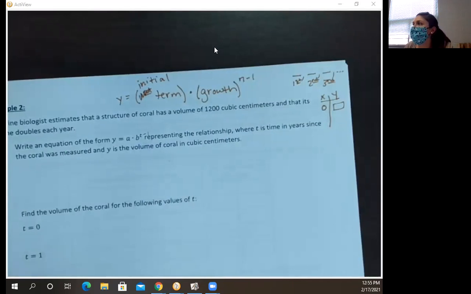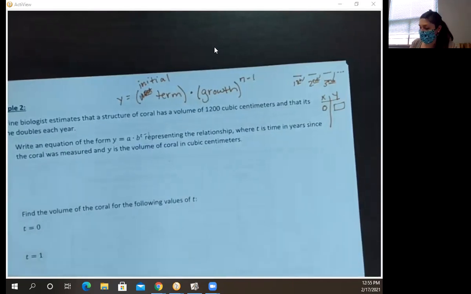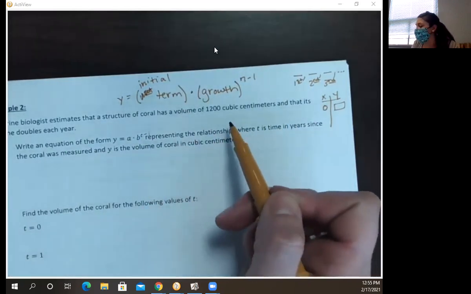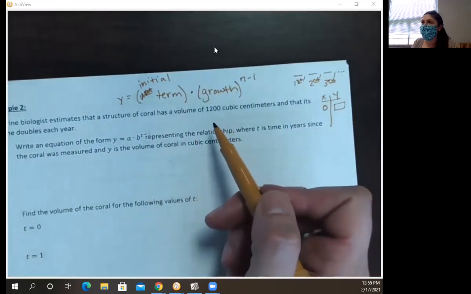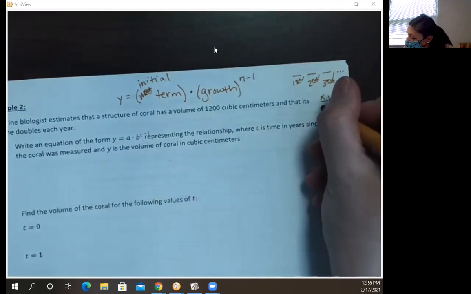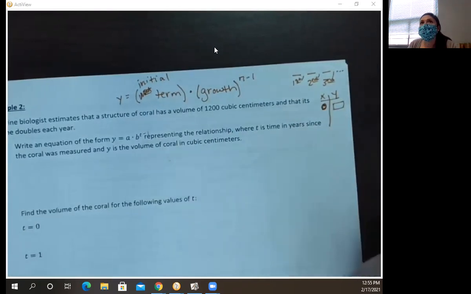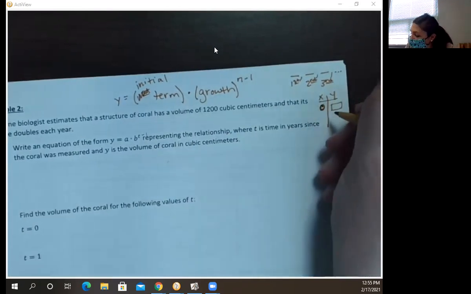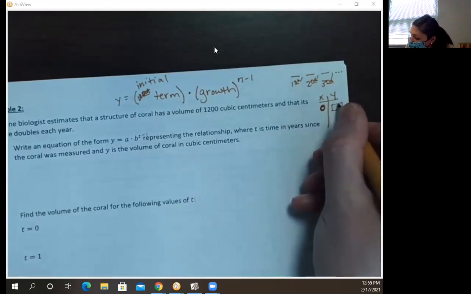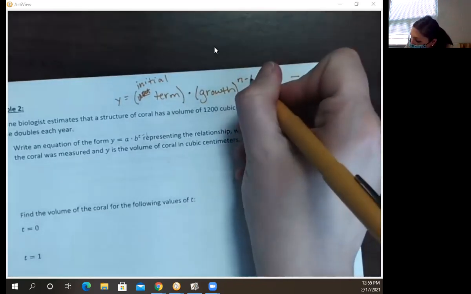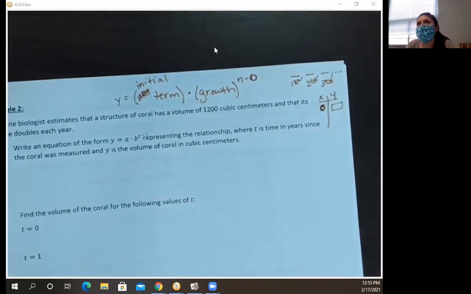We're going to see a lot of examples that talk about an initial measurement, or we first, for example here, we first measured the volume of our coral and found it to be this. So we're going to call that our sort of 0x, which means that if I'm using this y value, I would need to adjust from a 1 to a 0 here.